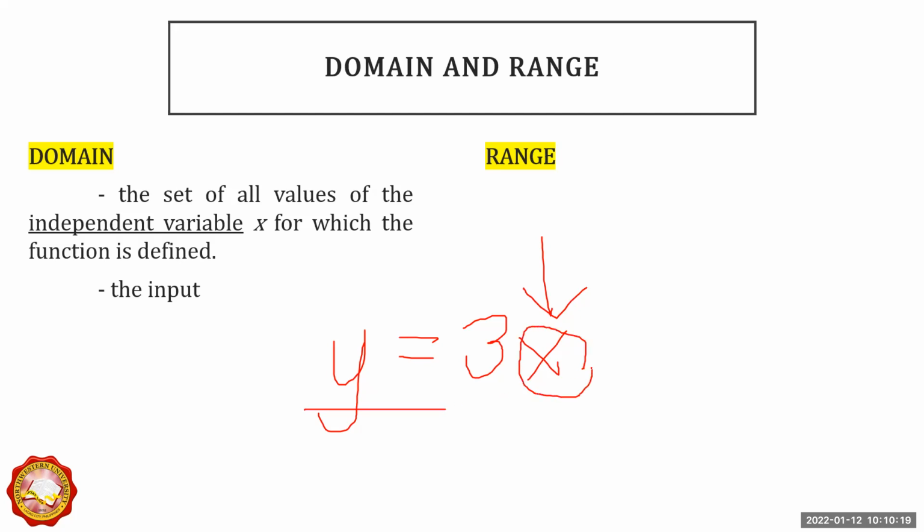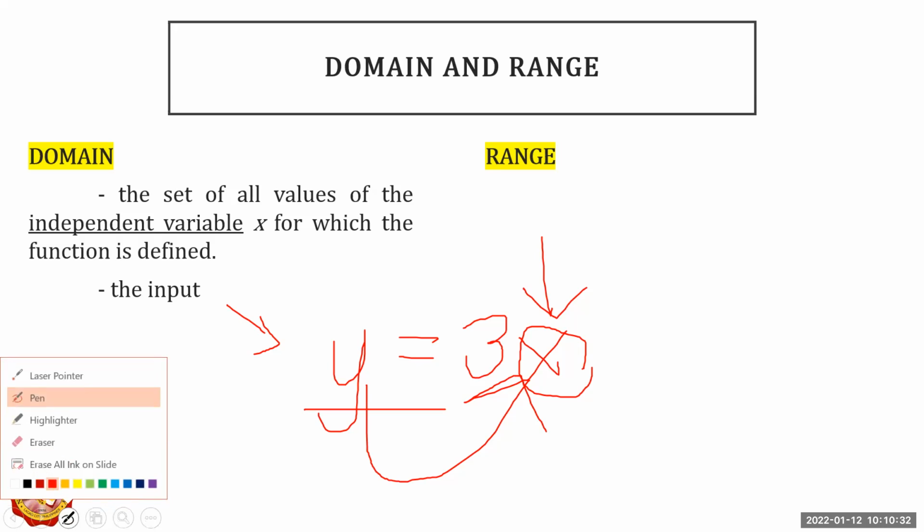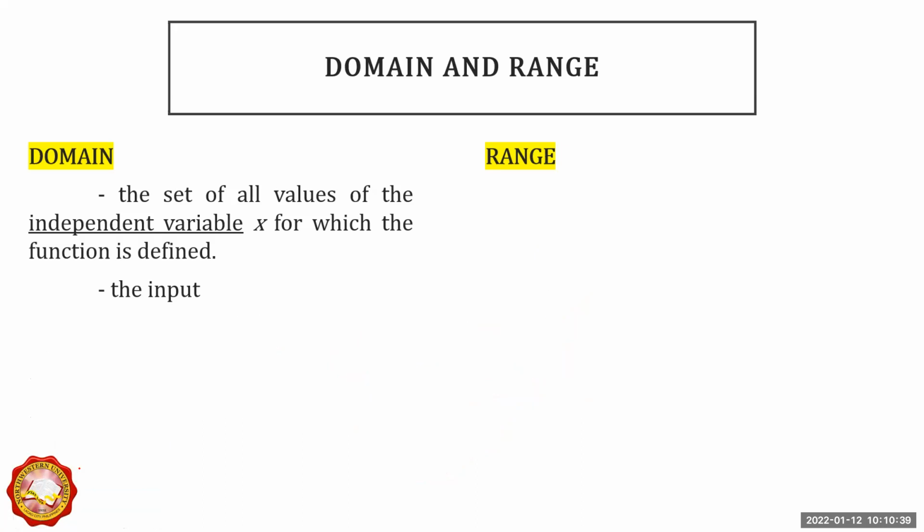Kaya that's the reason why ang x natin ay independent while yung y natin is dependent. Nakadepende yung value ng y natin sa x. That's why it's dependent. So, lahat ng values or possible values of your x will be your domain. That's why it's called the input.